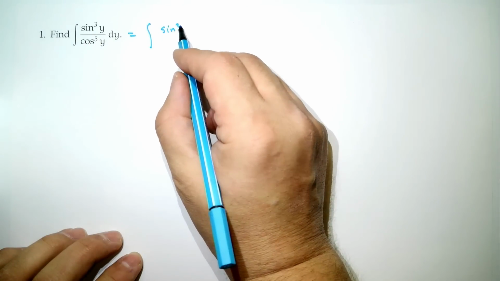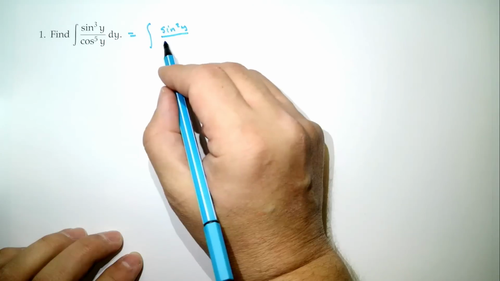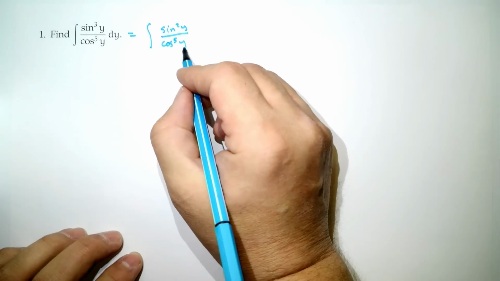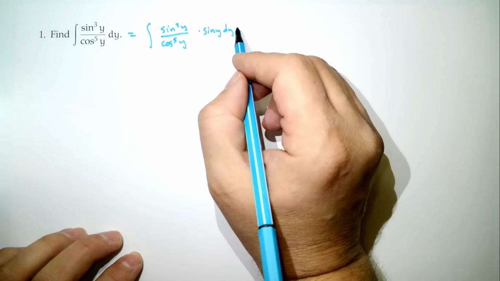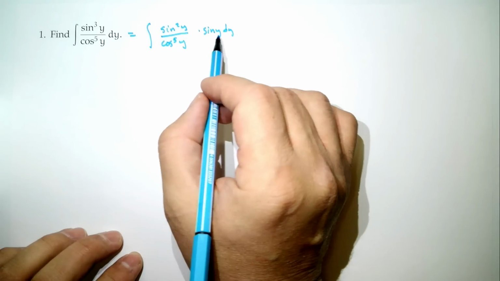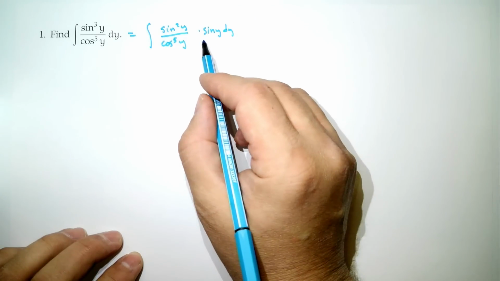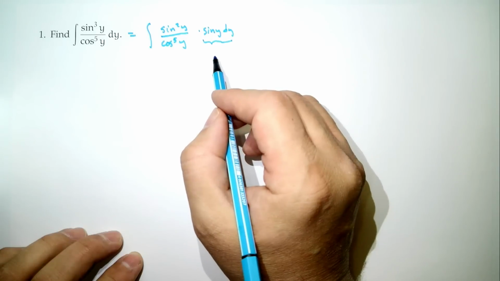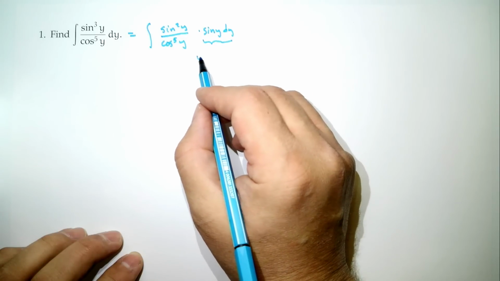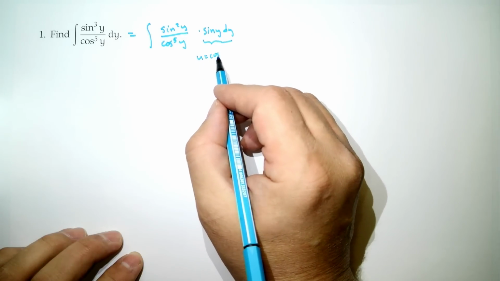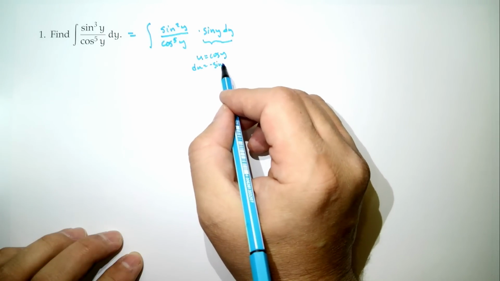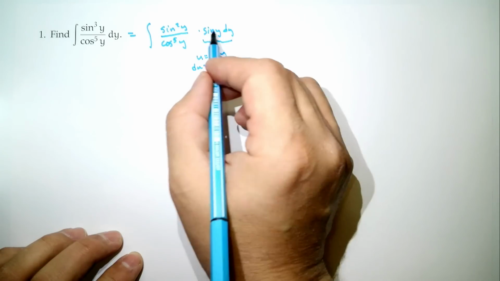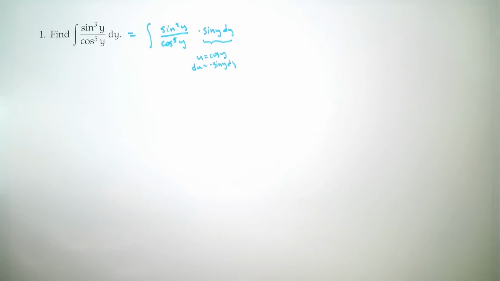So I could write this as sine squared of y over cosine to the 5th y times sine of y dy. And the reason that this is good is if I pull off an odd power of sine, this sets us up for a really good substitution. Namely, if we were to make the substitution of cosine, then du would be negative sine, meaning that this odd thing that we pull off puts us in a great place.